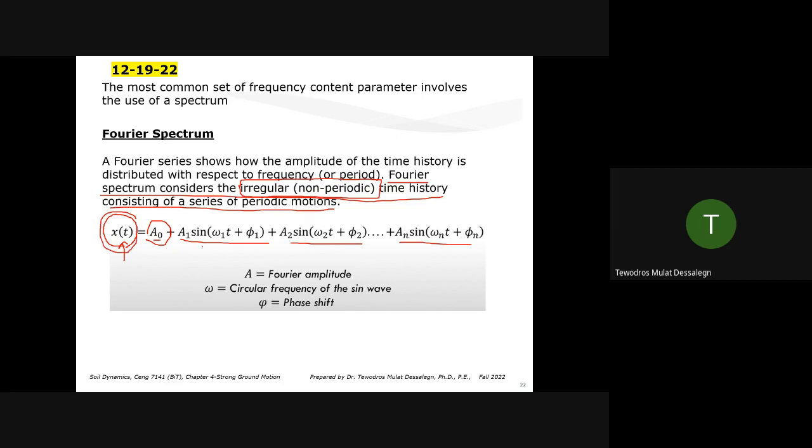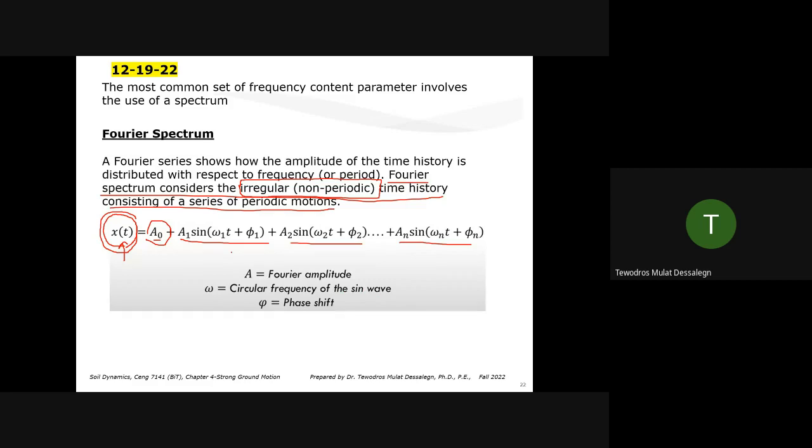It's like the mode shapes we talked about, the irregular deformation in a structure. It's the sum of several modes. We have seen that in chapter 2. That's the main concept. So A is the Fourier amplitude, and omega is the circular frequency of the sine wave.